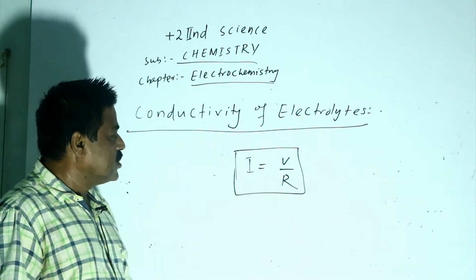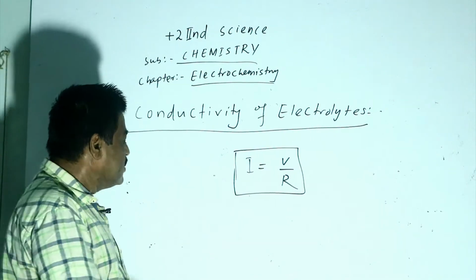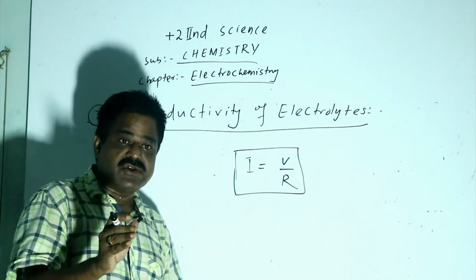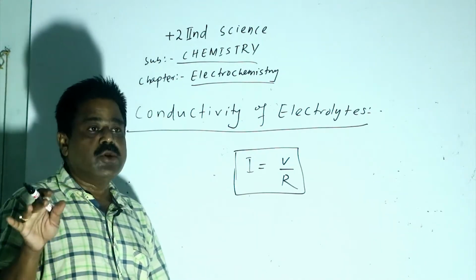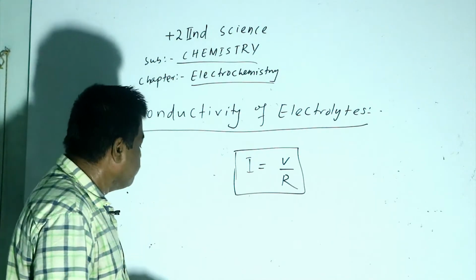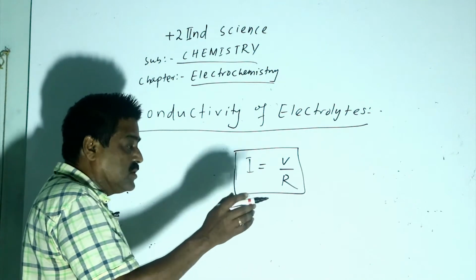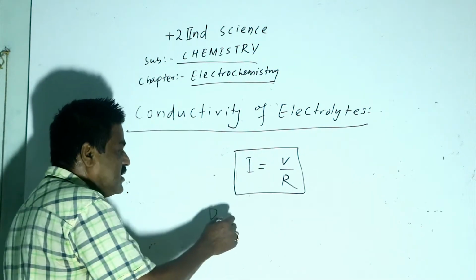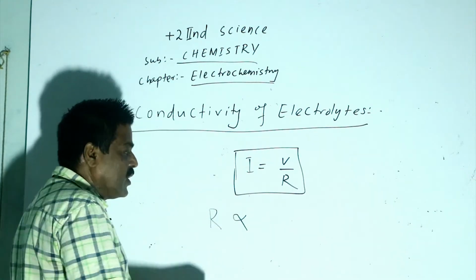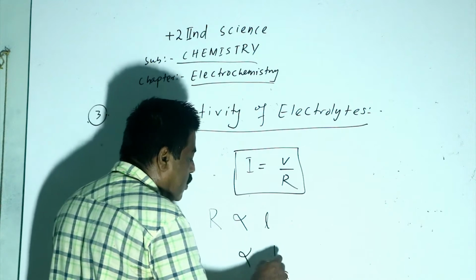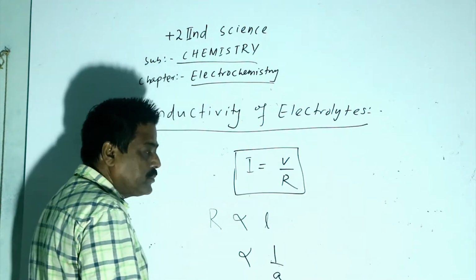Now let us consider the value R. R is the resisting force in the electrolytic solution which resists the flow of current. So here it is observed that the resistance R is directly proportional to the length of the conductor and inversely proportional to the cross-sectional area.